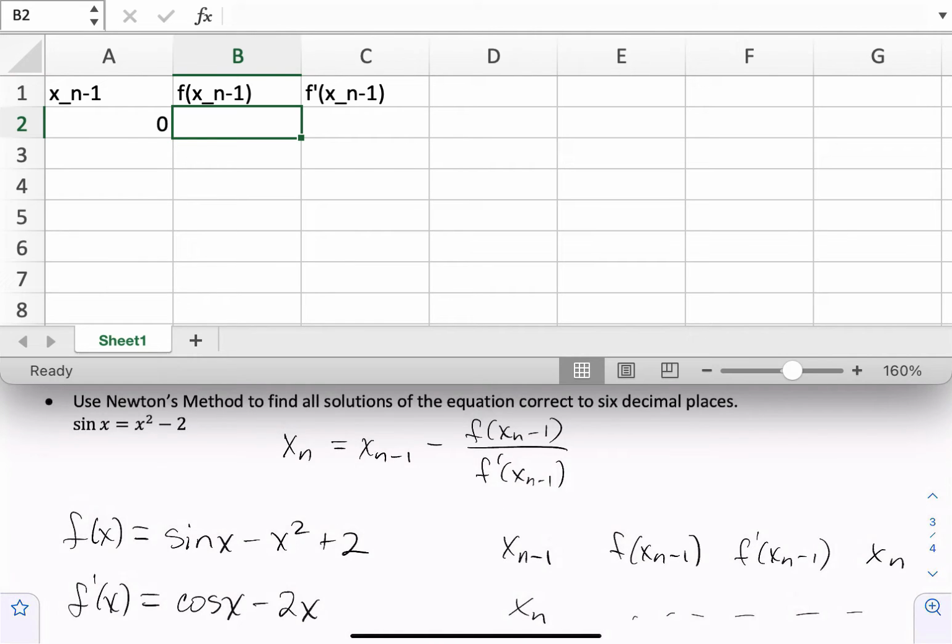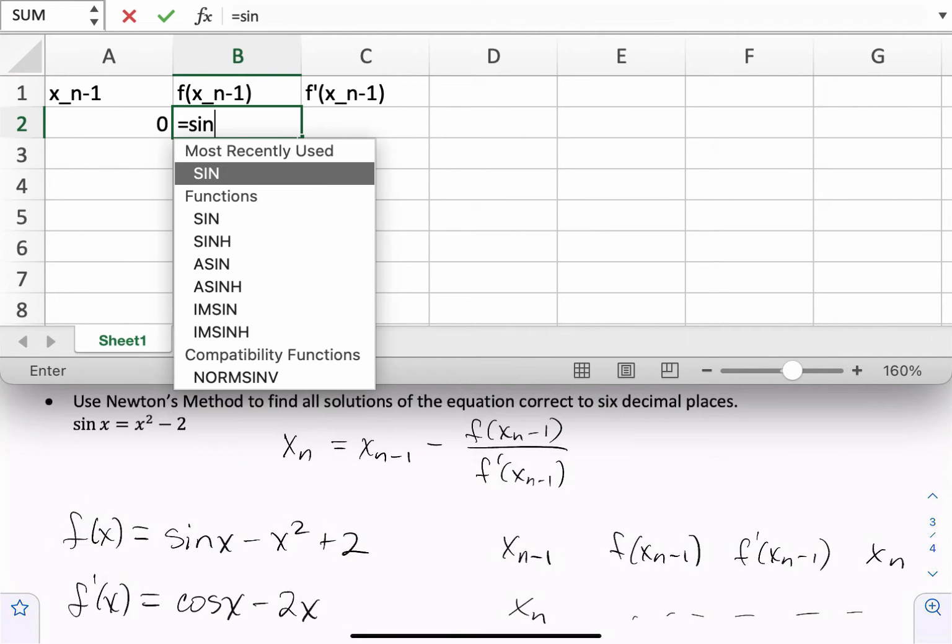And then for f of x sub n minus 1, I need the sine of x minus x squared plus 2. Thankfully, Excel knows trig functions. I'm going to have it do a computation, so I start with an equals. Sine is a function built into Excel.